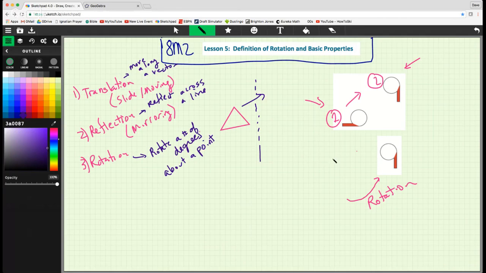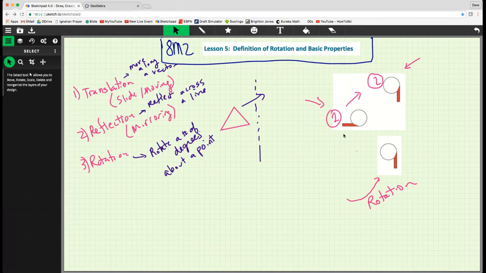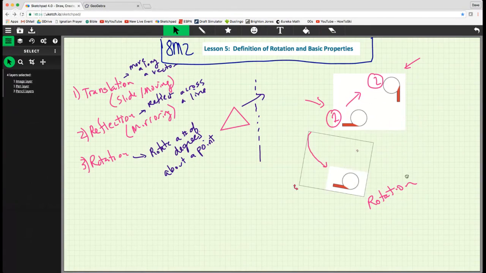And when we rotate, remember, we're going to have a point. Notice our point, which is right where that X is. And then we have a number of degrees.